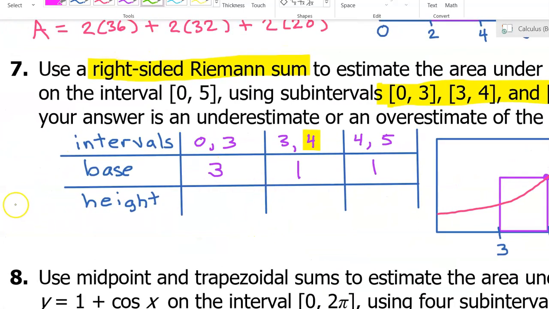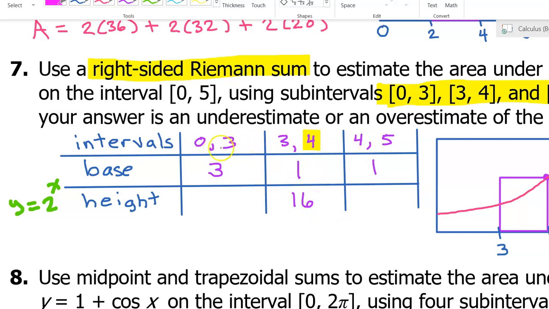So we're doing y equals 2 to the x power. In this case, the x is 4. So we're doing 2 to the 4th power, which is 16. So the height of the middle rectangle will be 16.